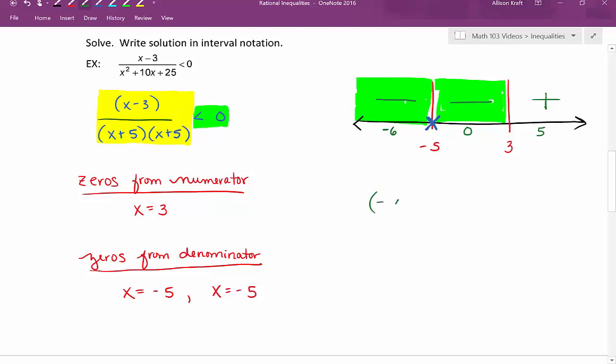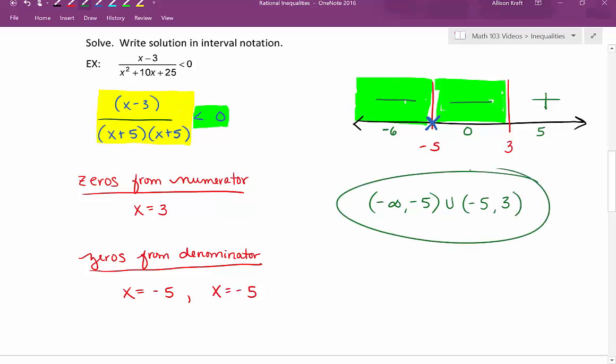So we'll have negative infinity to -5, not including, and then not including -5 to not including 3. The solution set to this rational inequality is negative infinity to -5, union -5 to 3.